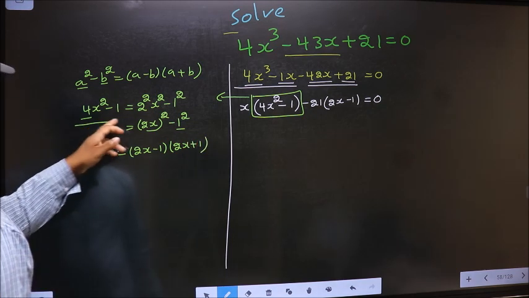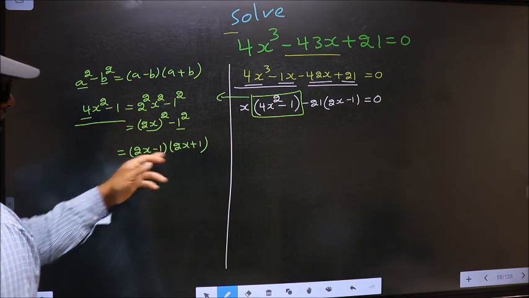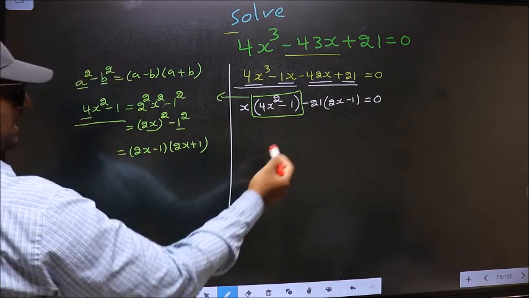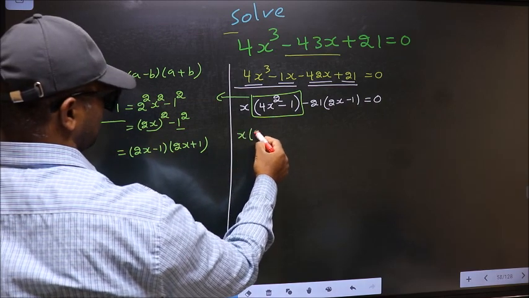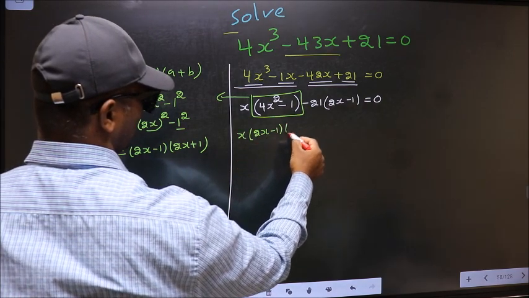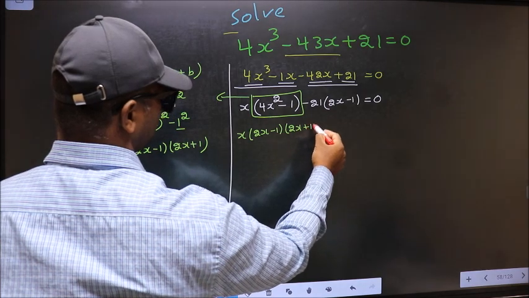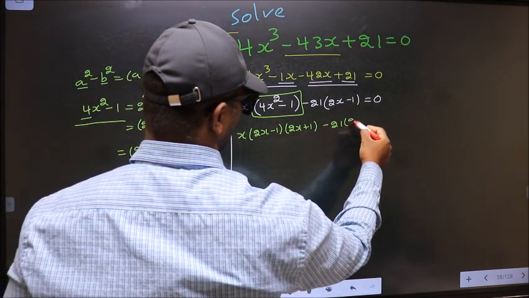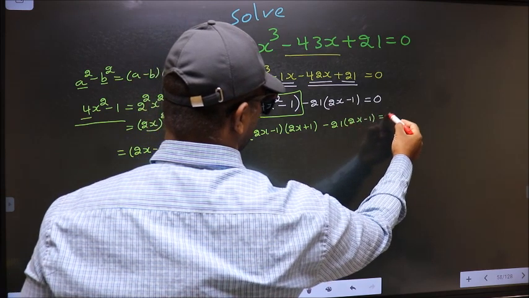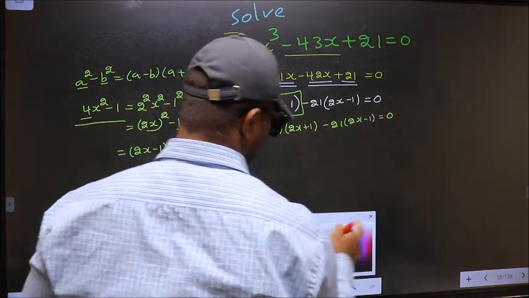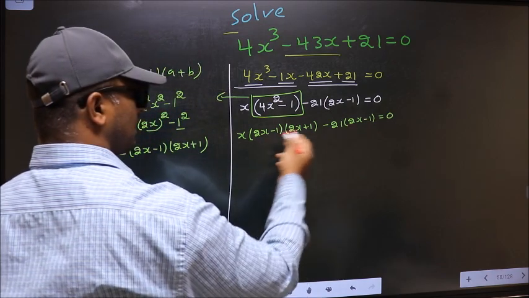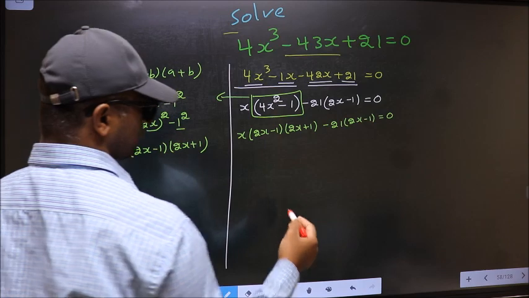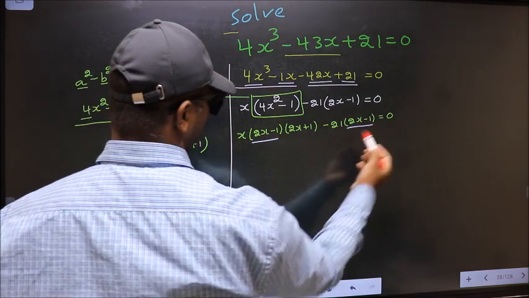Now in place of this quadratic we should write this over here. So this equation becomes x times 2x minus 1 times 2x plus 1, this no change, minus 21 times 2x minus 1, equal to 0. Next, from this entire equation, what can be taken out common is 2x minus 1.